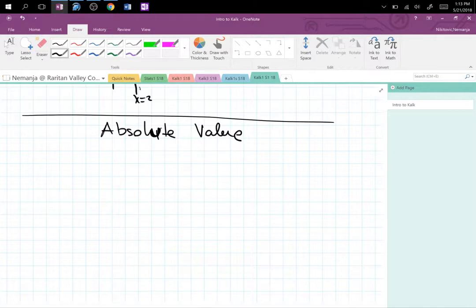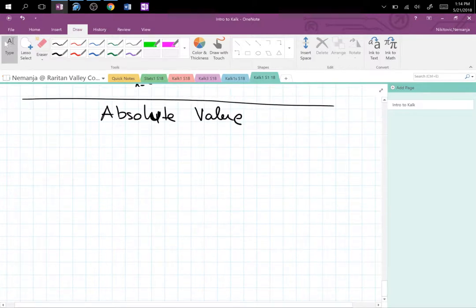Is that the best answer you can give? So let's talk about absolute value. Absolute value can be applied to any function. Absolute value measures the distance of a number to 0, which is the reason why it's always positive.